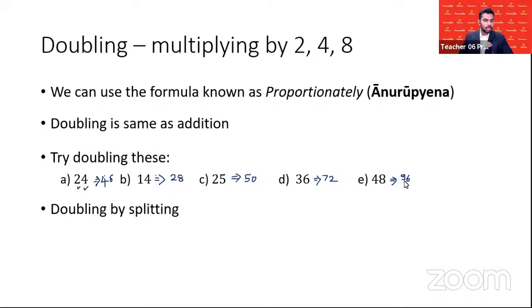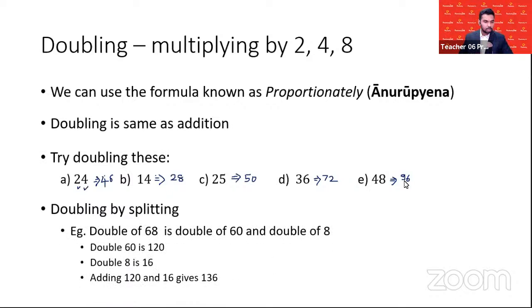Now we can see a little bit more complicated numbers. If you want to take double of 68, this exceeds the number 100. So you can split the number into 60 and 8, and you double them separately. If you double 60, you get 120. If you double 8, you'll get 16.